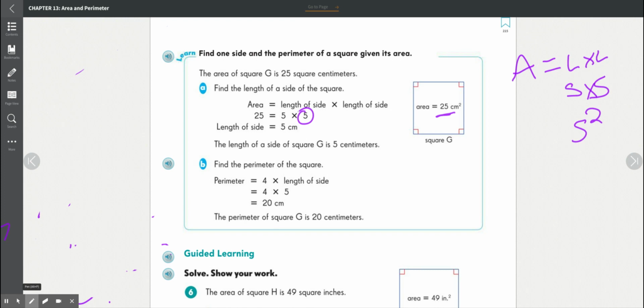So 5 times 5 is 25, and I now know that the length of one side is 5. Now I can take 5 to find the perimeter. With a square, my perimeter is just 4 times one side. So I'm going to take 5 times 4, and that's going to give me 20. So now I know that the perimeter of this shape is 20.